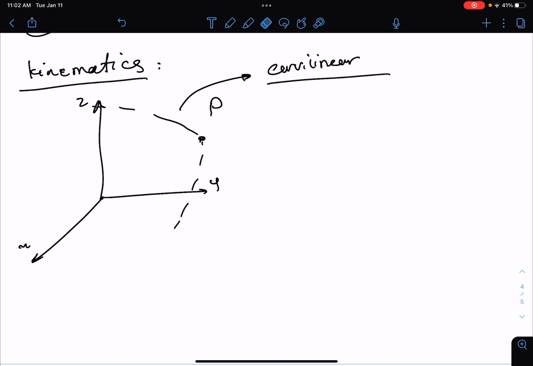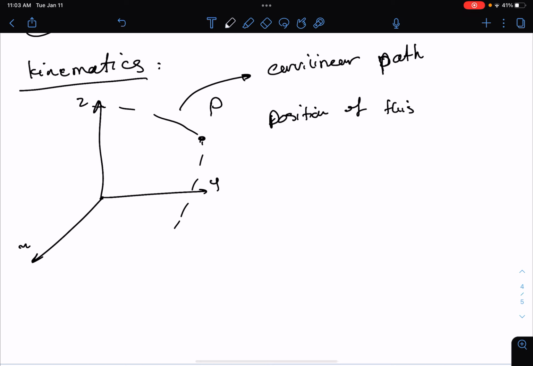So let's say this point P is moving on this curvilinear path. In kinematics, the analysis is going to talk about the velocity, the acceleration, and also the position of this point. We are talking about point masses, so we are only interested in this point specifically. How do we define the position of this point?